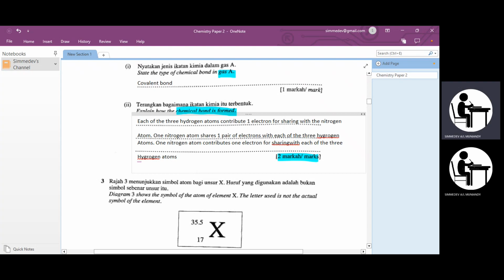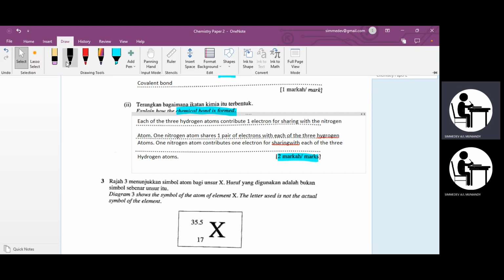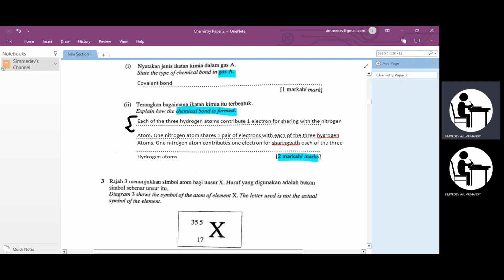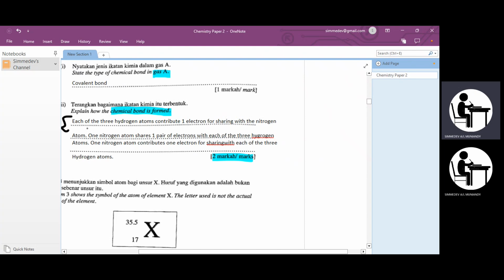Right, so I think there's a mistake over here. This part is supposed to be below here, this part until here.